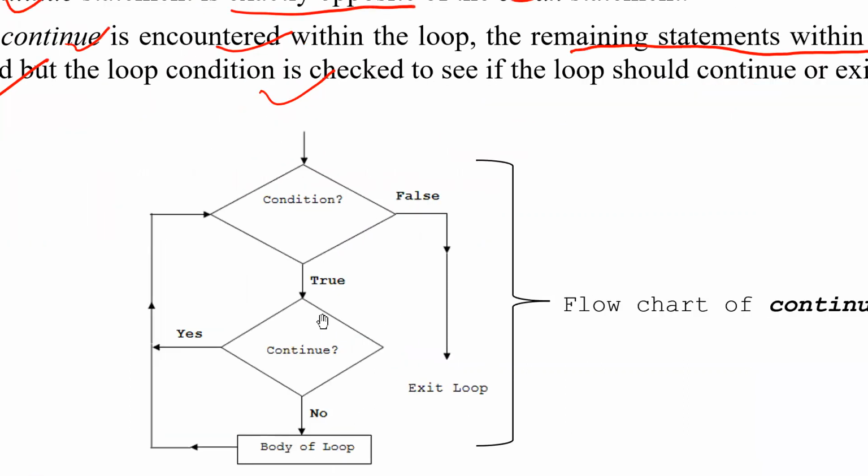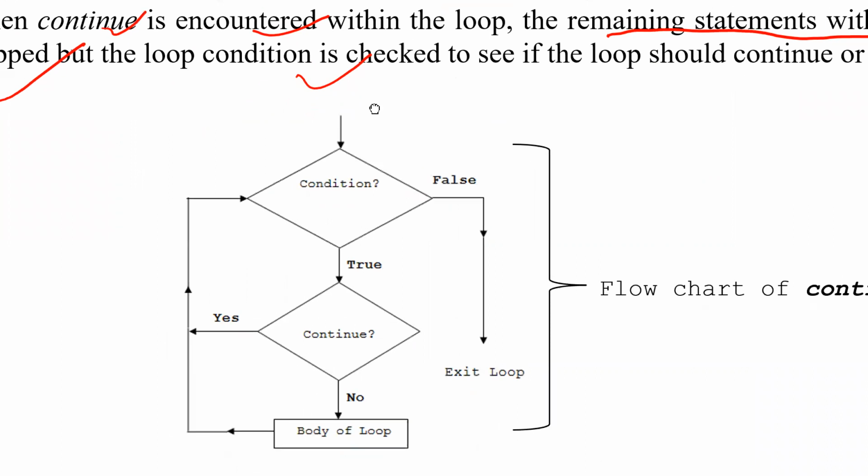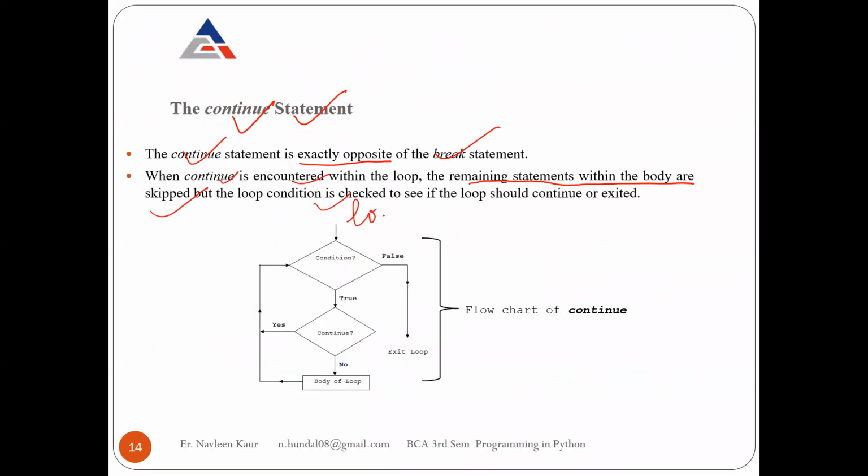Suppose you are inside a loop and the loop condition is checked. The loop condition can either go false, in which case everything ends. But if it is true, you execute the statements. Now inside the statements, if you get a continue statement, any more statements of the loop will not execute, and again you go back to the loop condition.